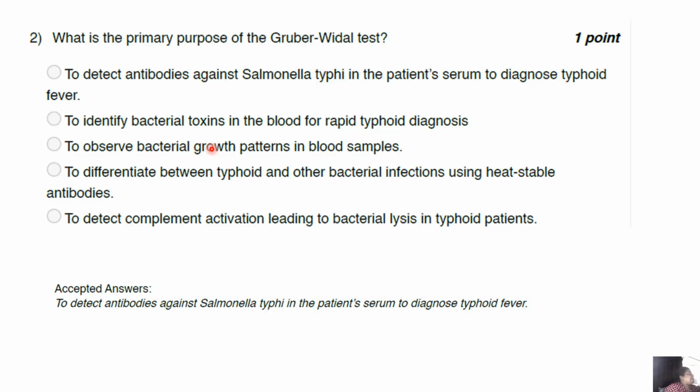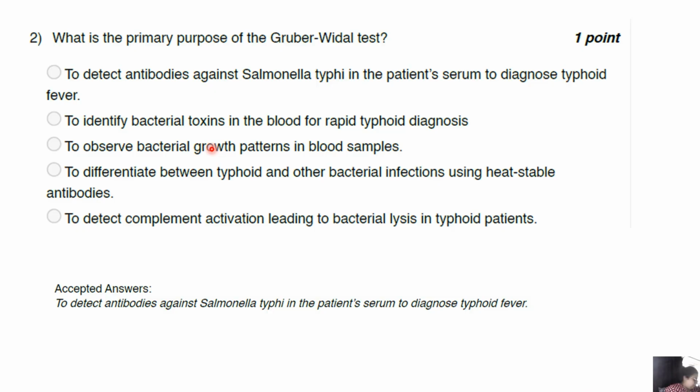Basically, the test mainly detects antibodies against O antigens, that is the somatic antigen. Heat stable, it appears early in infection and indicates active or recent infection. And the H antigen, which is the flagellar antigen, is heat labile, appears later, and indicates past exposure or immunization.